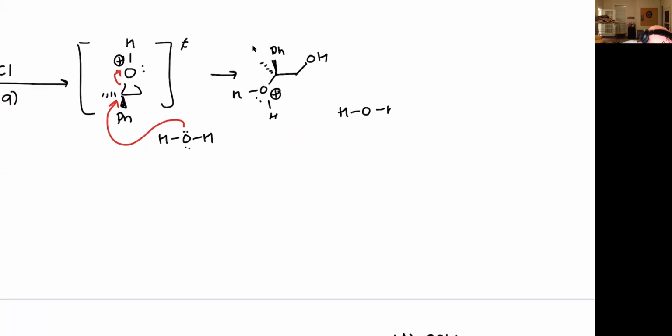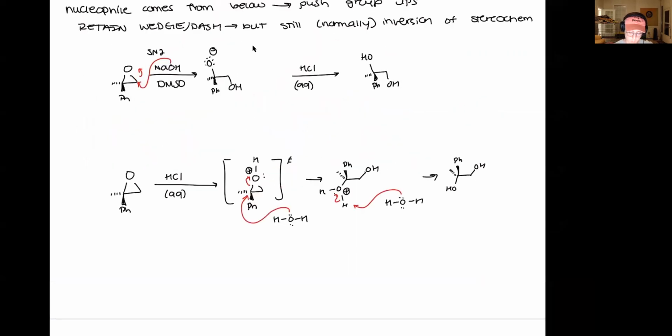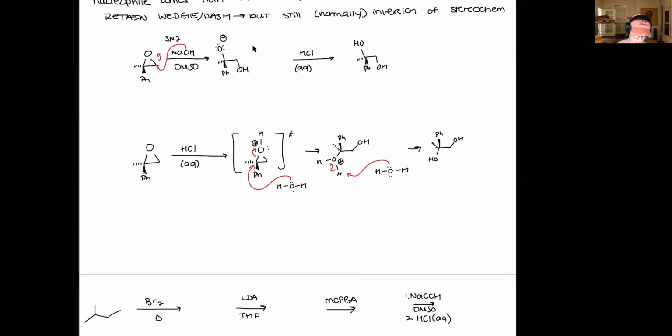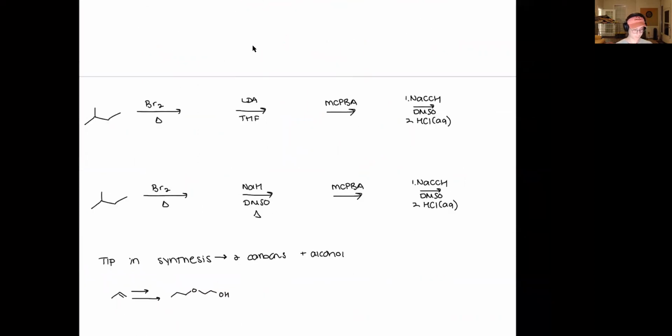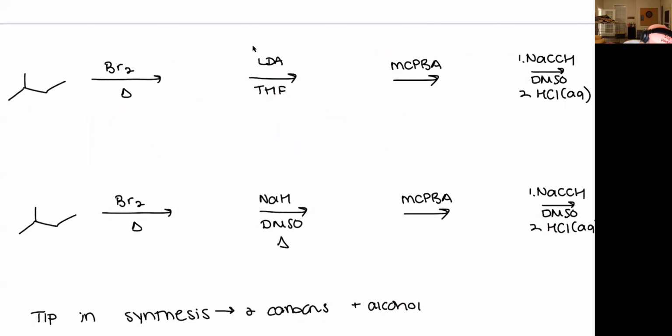And then the last step will be to deprotonate and arrive at neutrality. And so, just comparing the two, we can see how they're different. And then I just have another additional problem.